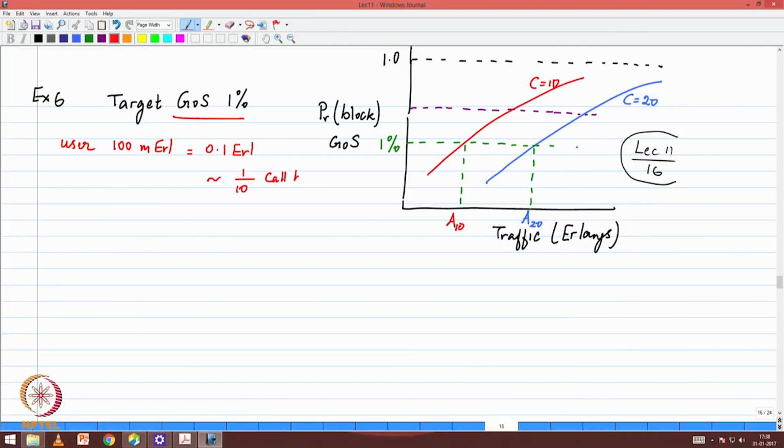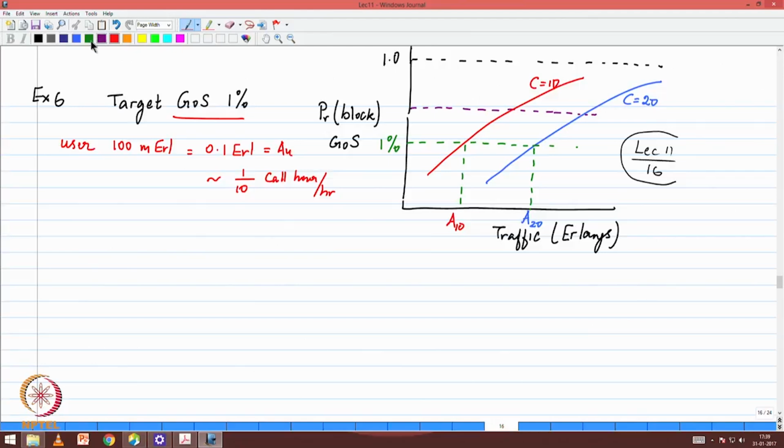You can interpret this as each user making calls for 1/10 of the hour, maybe 6 minutes, and that's all the user makes. So this is the traffic per user.